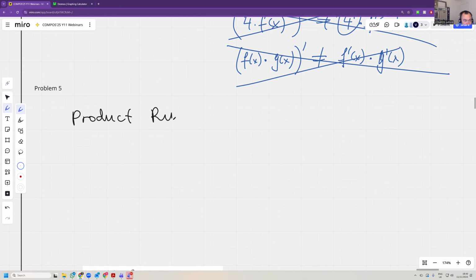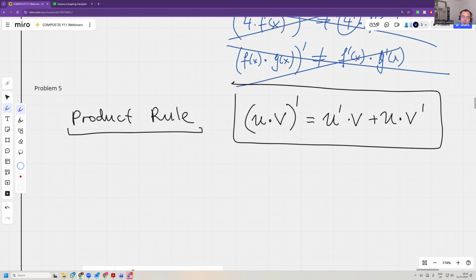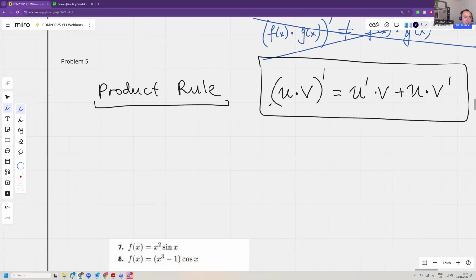Product rule is one of the easiest rules. Basically, if you have a function u multiplied by v, and you want to find the derivative, it's going to be u dash multiplied by v plus u multiplied by v dash. That's the simplest way to write it. An example would be x cubed multiplied by cos x.